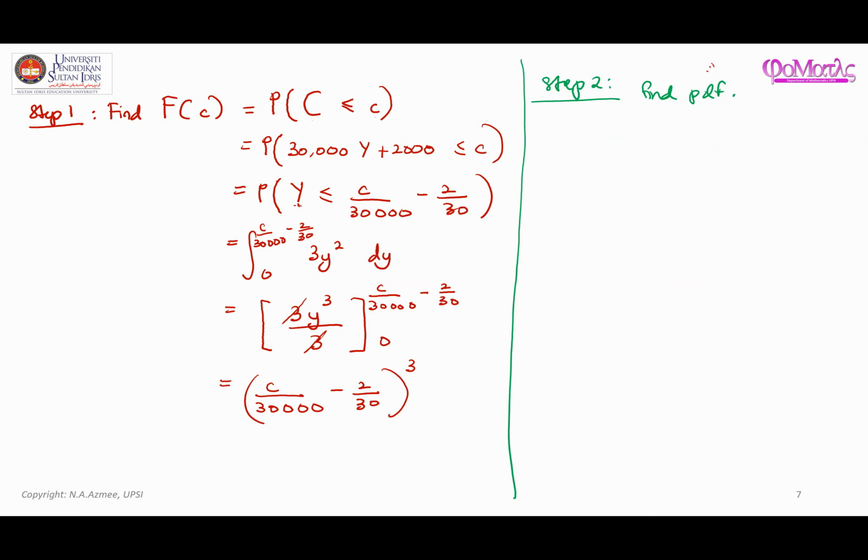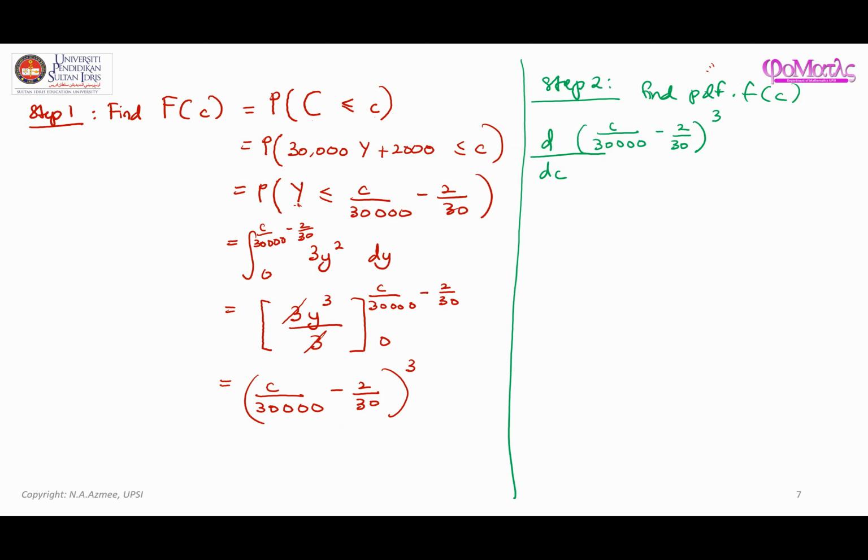We're going to differentiate this result here with respect to C, because we want to find the PDF of C, of the new random variable, which is C. And this is C over 30,000 minus 2 over 30 to the power of 3.